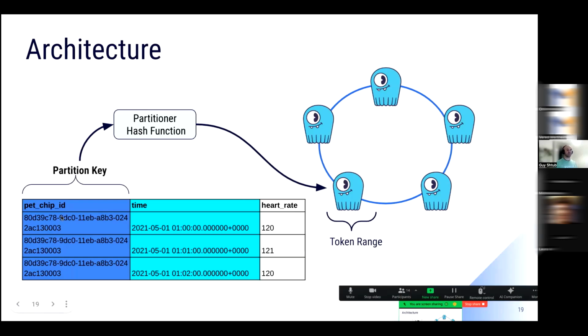In this example, it's the pet chip ID, this long UID or GUID, and it performs a partitioner hash function on the partition key. And according to the given hash, it knows which nodes are responsible for this piece of data.